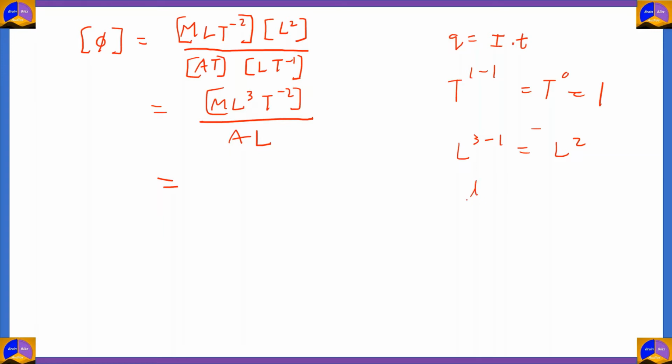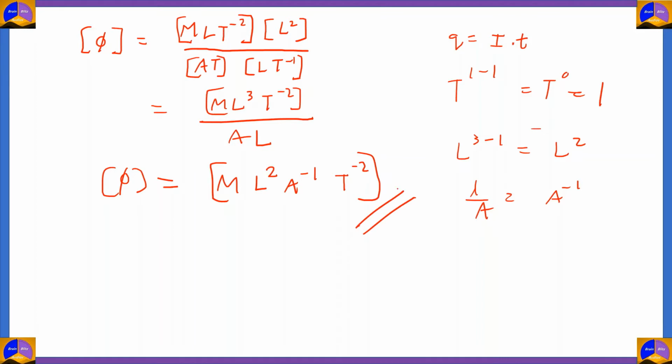And 1 by A becomes A raised to minus 1. So our dimensional formula for magnetic flux is M L squared A raised to minus 1 T raised to minus 2. This is our final dimensional formula.